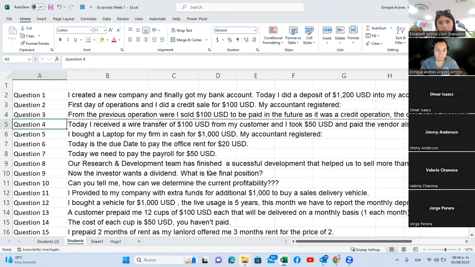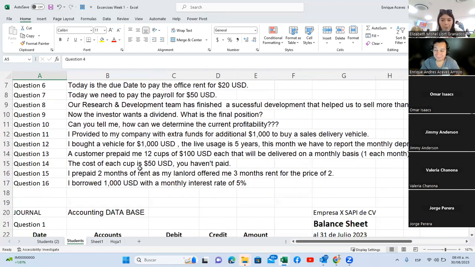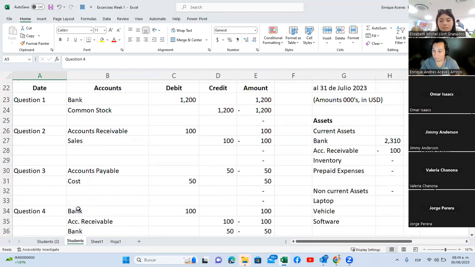Because it's decreasing. Receivables are assets. Sorry, accounts receivable decrease with credits. You don't have the right to claim anymore. What you have now is cash, right? You convert that receivable into cash, okay? Accounts receivable. The same name always. And you credit the bank because you're paying the debt you have with the supplier, right?